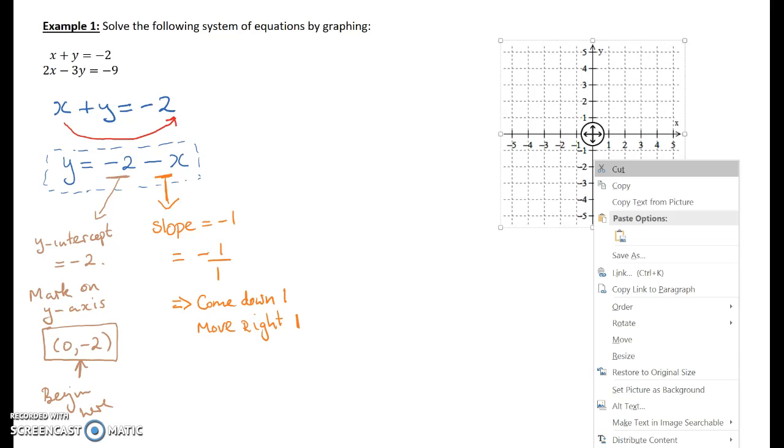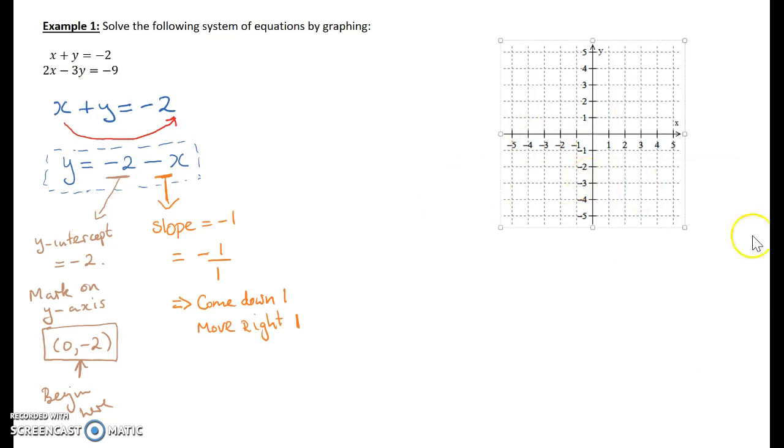There's where we are, 0, -2. And then the instruction says to come down 1. So come down 1 space from there and move to the right 1. So there. And we're going to draw our line through there. Okay, so we're going to draw a line through those 2 points.